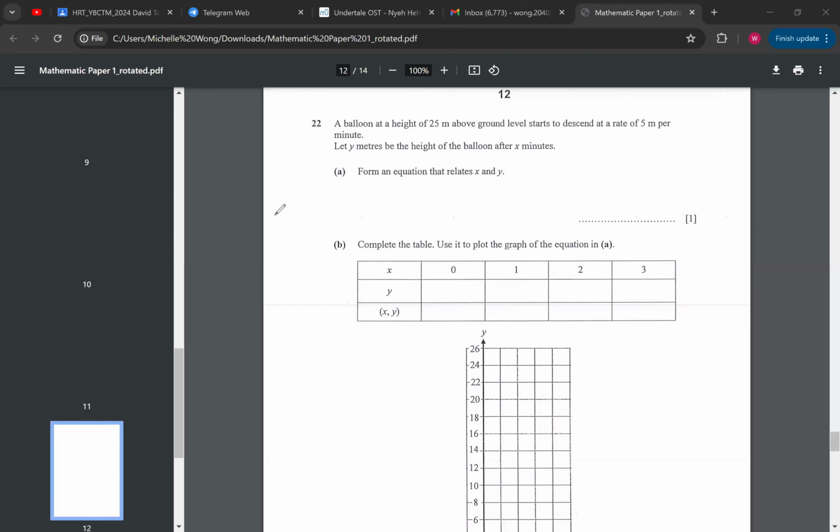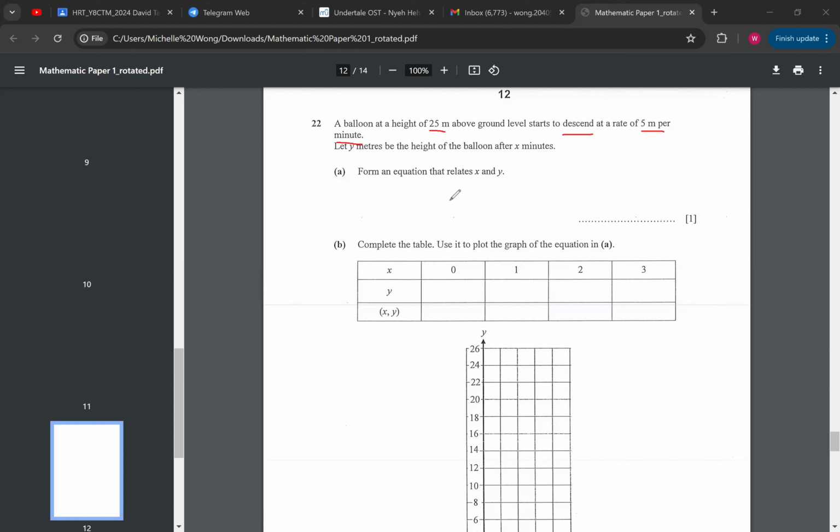Question 22. A balloon at a height of 25 meters above ground level starts to descend at a rate of 5 meters per minute. So the balloon starts off with 25 meters, and this descent means it goes down. Let y meters be the height of the balloon after x minutes.